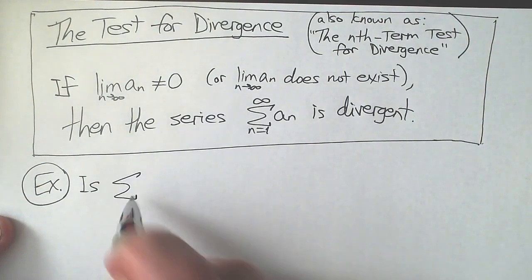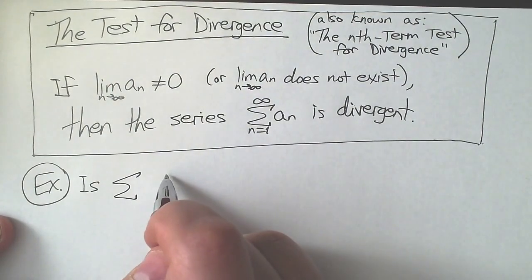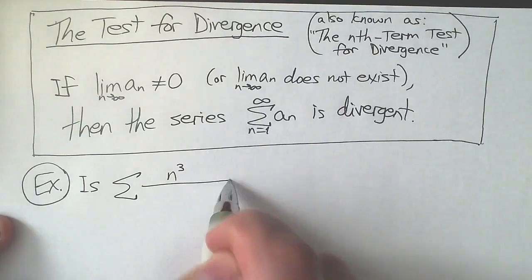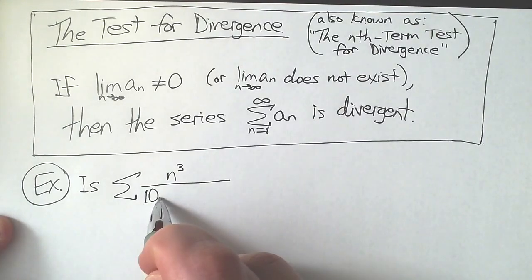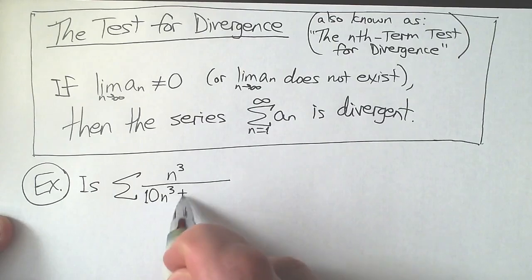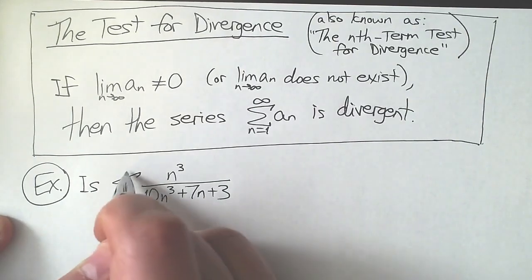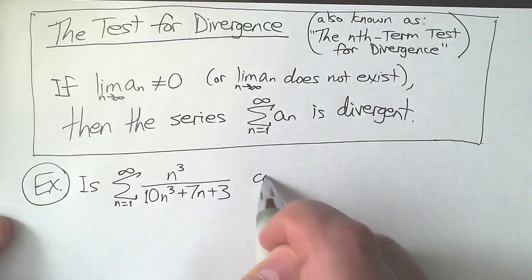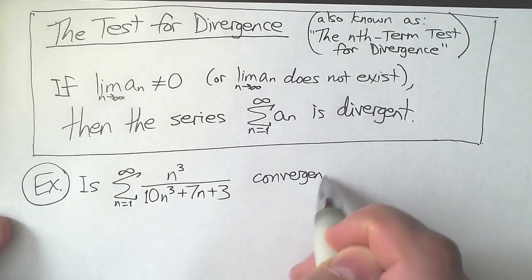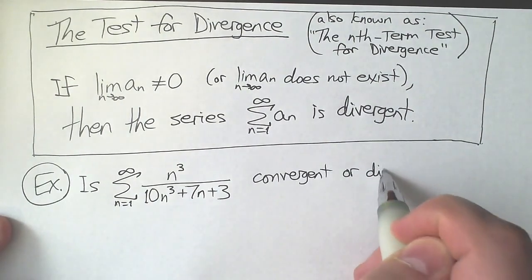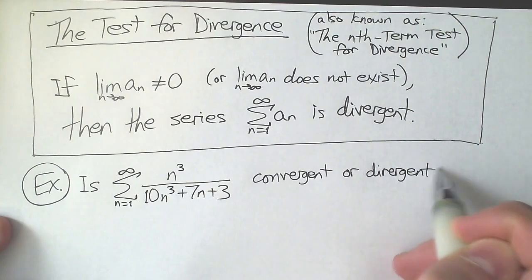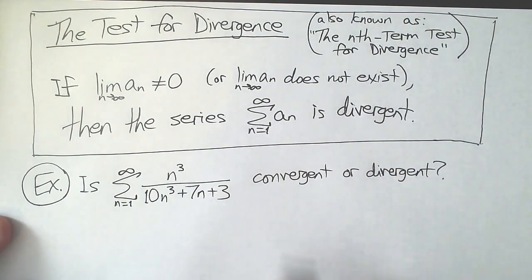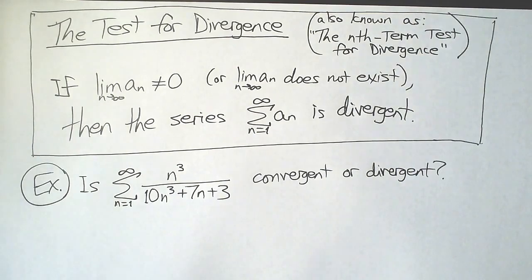This is not going to be a geometric series. This is not one that we could rephrase into that form of geometric series. Is this series convergent or divergent? We could even say, if it converges, find the sum and show work to justify your answer.